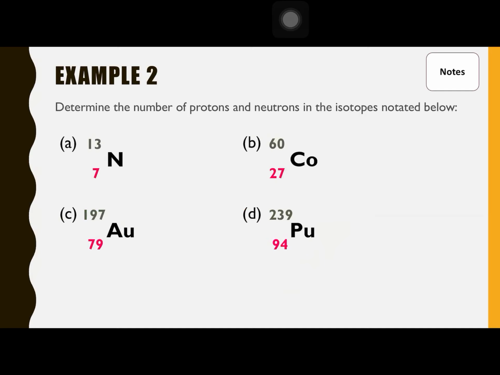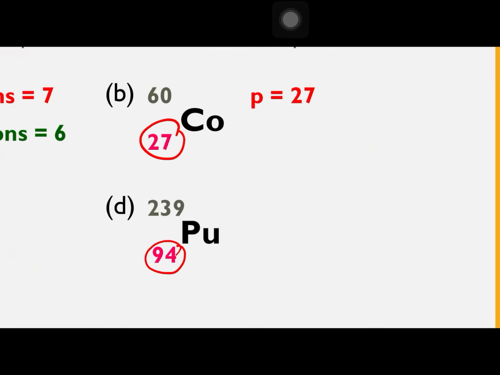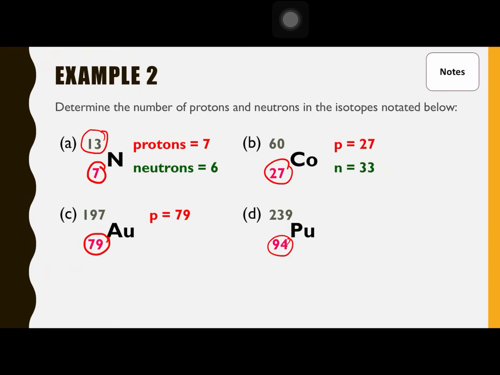So they ask us for the number of protons and neutrons. Now remember, the number at the bottom tells us the number of protons, so the number of protons would be 7. Then how do I find the number of neutrons? The number of neutrons would be the top number minus the bottom number. Did you get this? Should be easy, right?